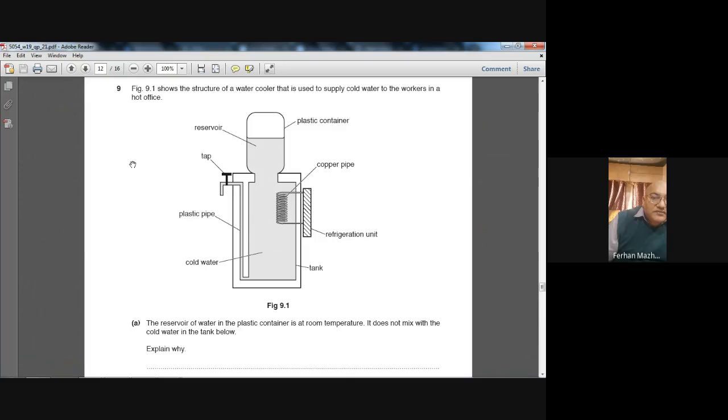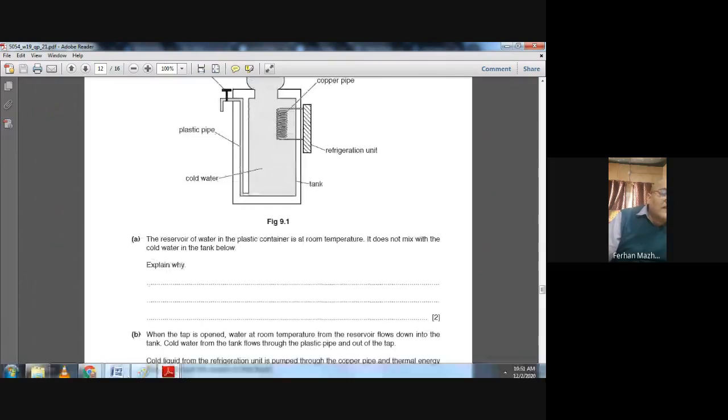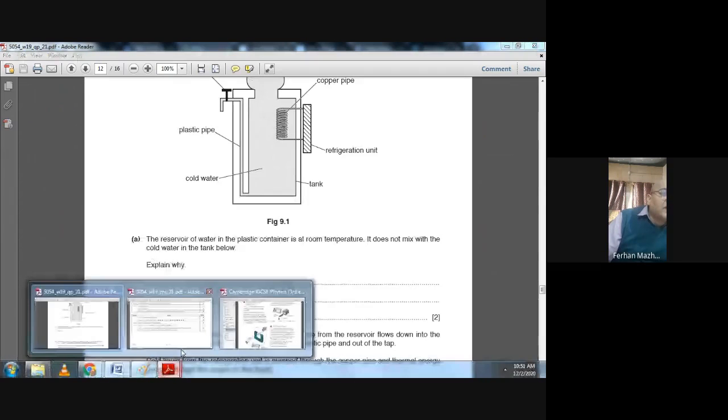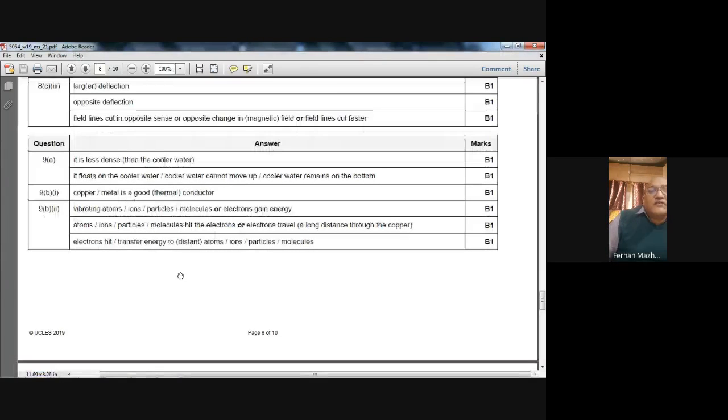Okay. Let us first check how many marks this question is. It is 2 marks. Let us check the marking scheme also. It says it is less dense than the cooler water, 1 mark for saying this, and it floats on the cooler water. Cooler water cannot move up, cooler water remains on the bottom.